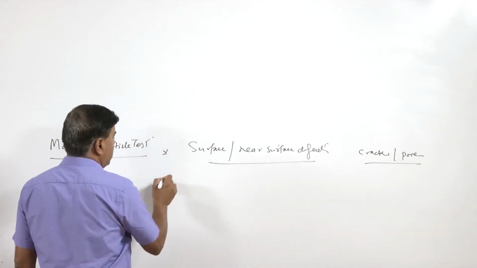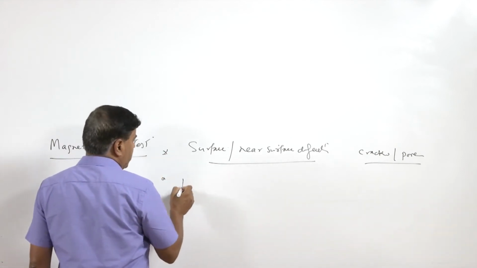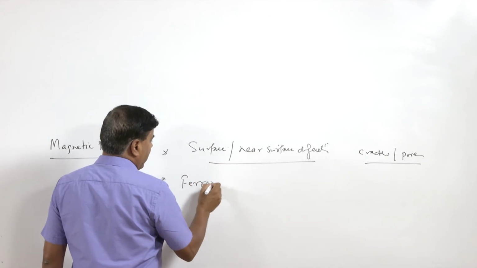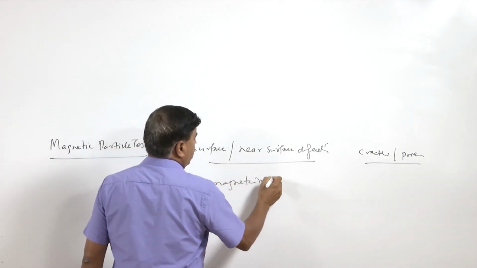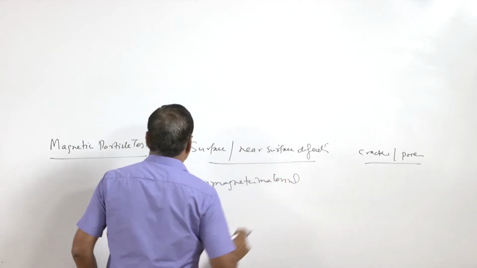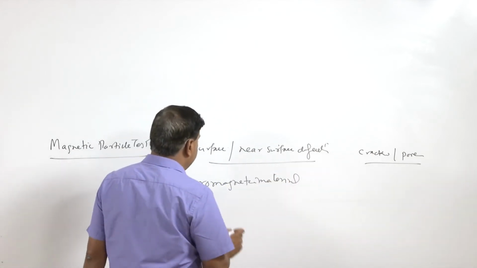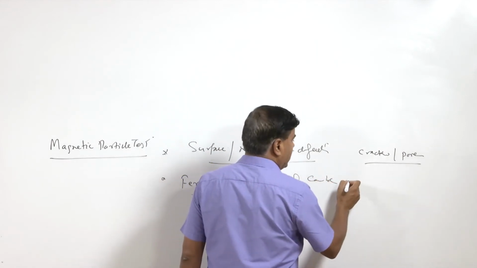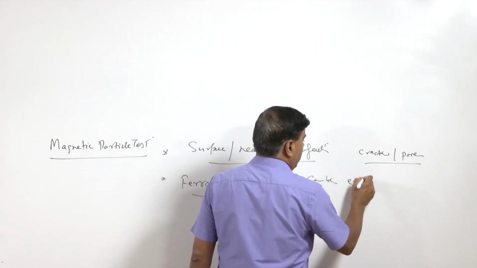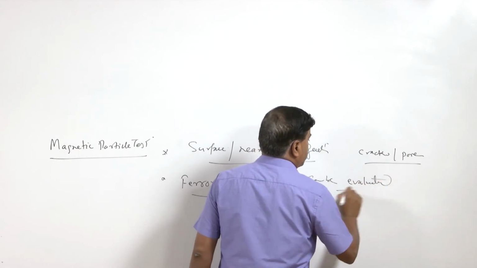This is one thing. Second, mostly the ferromagnetic materials. So, the discontinuities and the defects in ferromagnetic materials can be evaluated or assessed by this method.